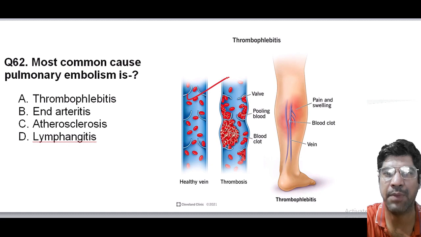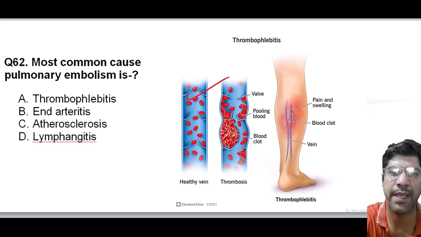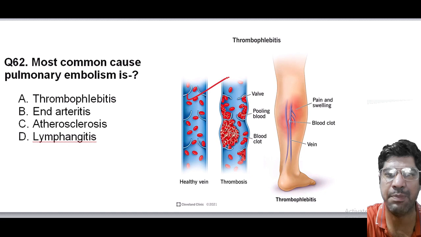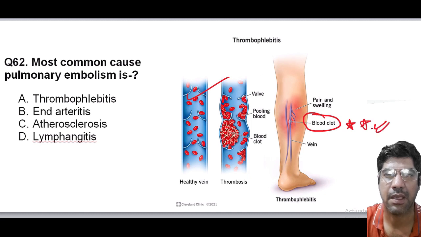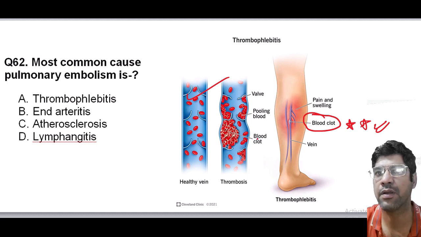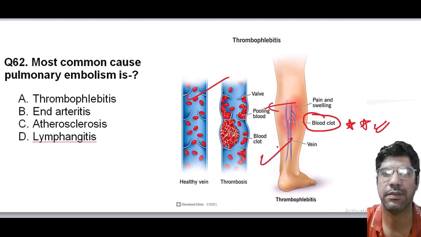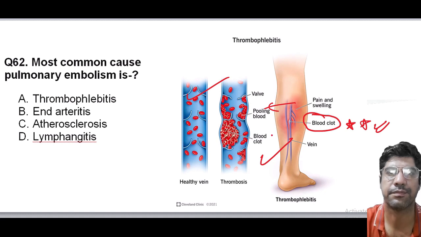So the pulmonary embolism results from the thrombi or the clots that form in the deep vein of the legs, that can break free and travel to lungs and hence cause a blockage. So the most common cause of pulmonary embolism is thrombophlebitis.